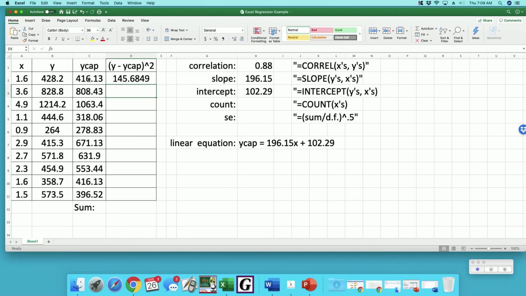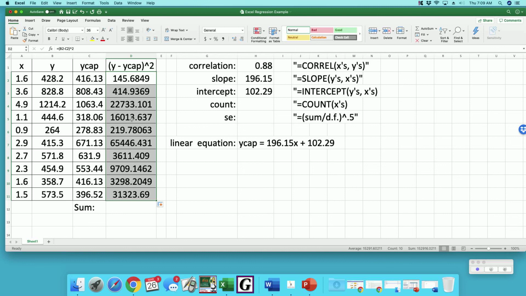Press enter, and my difference squared for the first point, x of 1.6, is 145.6849. Now highlight D2. Notice my cursor is a white plus sign. I'm going to go to the bottom right corner until it turns into a black plus sign. I'm going to left click my mouse, drag it down, and let go, and now it's calculated all my differences squared. Now what I need is the sum of this column.